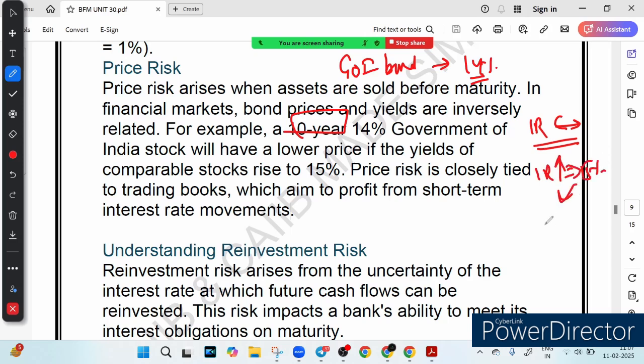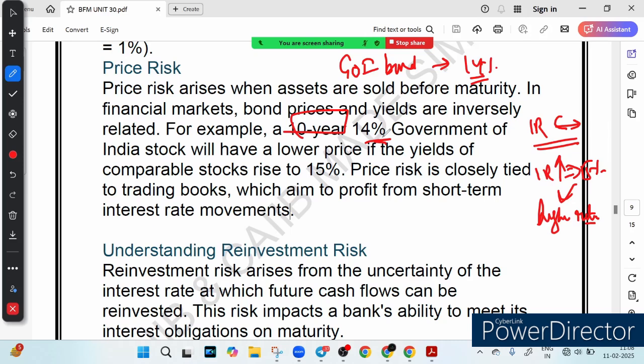A new bond will have a higher return, so your 14% bond loses value because investors prefer the new higher paying bond. Investors will prefer this 15% bond, not this 14% bond. So what will be the result? If the bank sells this bond before maturity, it incurs a loss.